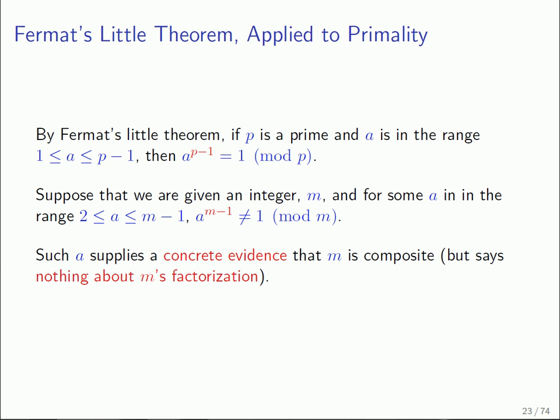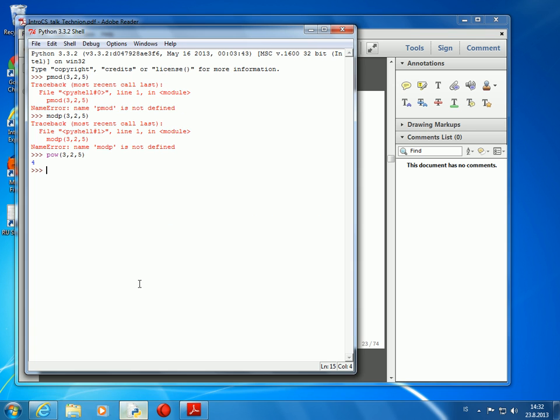Okay, so let me go back to Python. Let's make some large number. M equals 2 to the 245 minus 1.